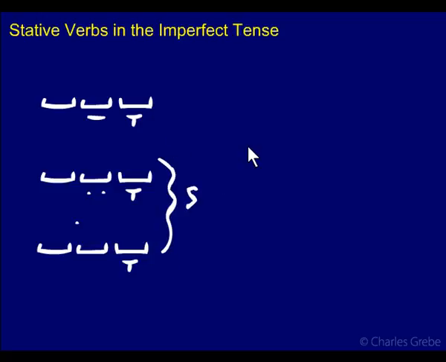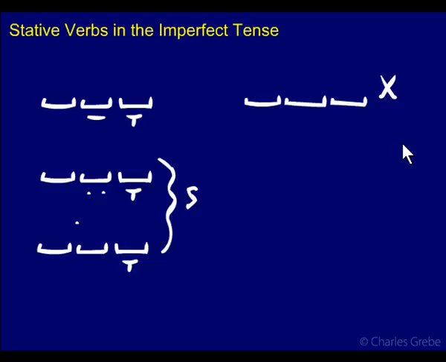Now in the imperfect, we have two patterns, not three patterns. In the perfect we have three patterns, in the imperfect we have two. So let me draw our little things here again. And let's pretend X here is our prefix, whatever that is, the yud, the tav, the aleph, or the nun.